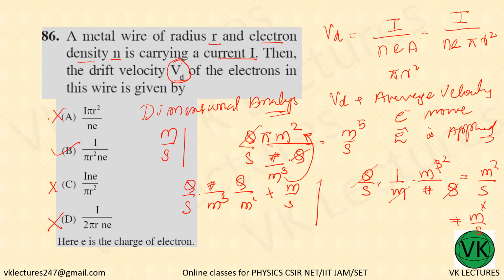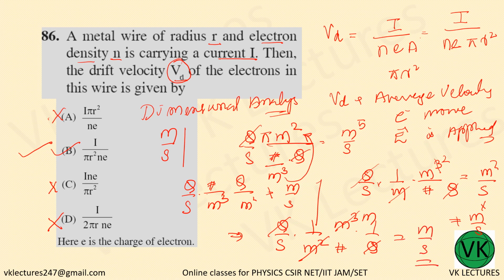So your option B is correct. If you want, you can check that one also. I is Q by second, 1 by r square is 1 by meter squared, and N is number per meter cube into 1 by charge Q. Q gets cancelled, meter square and meter square get cancelled, meter remains, which is meter per second.